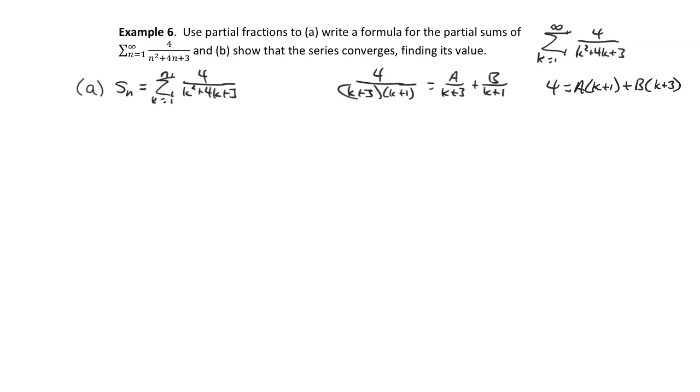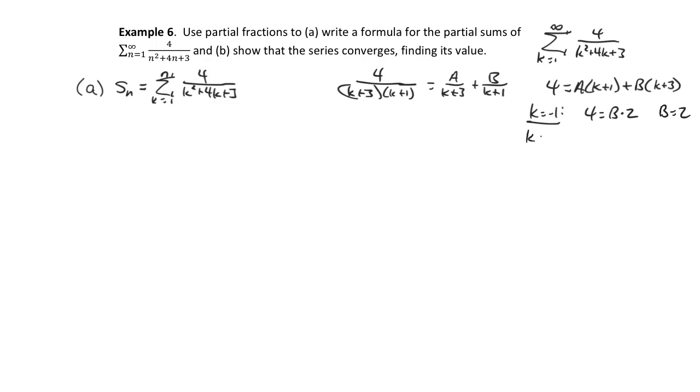One way to do this is to say, let's let k be equal to certain values that will eliminate variables. For instance, if k is equal to -1, then I'll get 4 equals B times 2, because when I put -1 here, I would get 0. -1 plus 3 gives me that 2, which tells me that the value of B is 2.